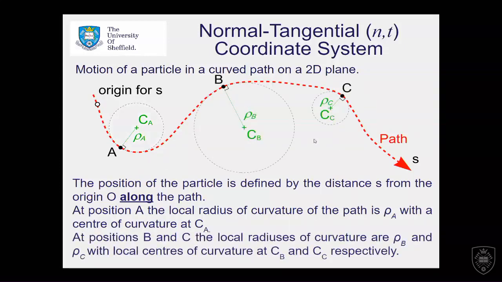And then at different points of the trajectory, if we want to know the velocity and acceleration at B, someone has to tell us the radius of curvature and origin of the circle from there. And that tends to be the case.